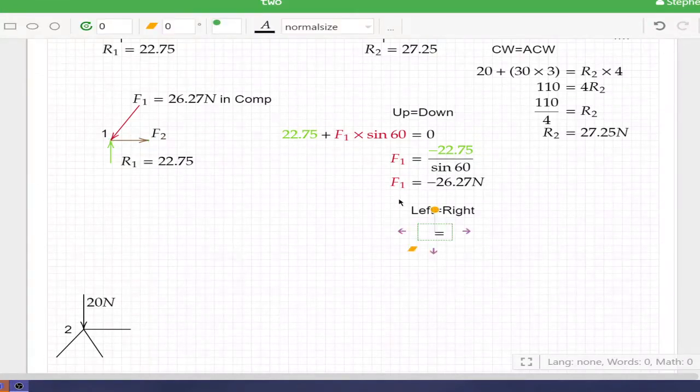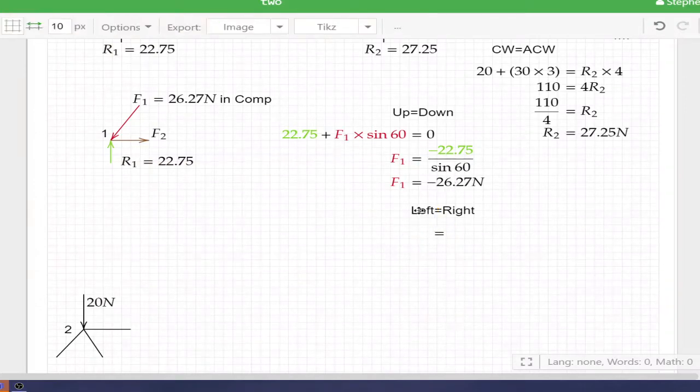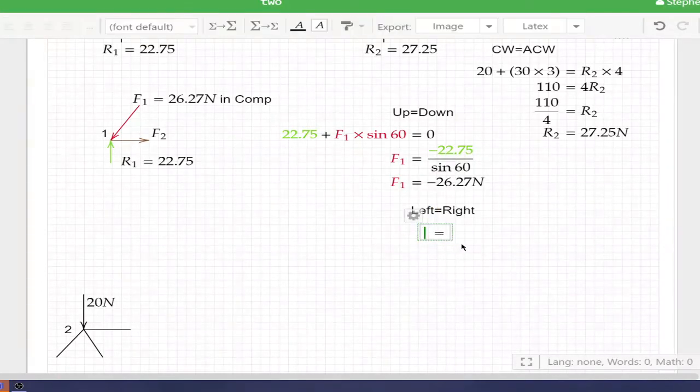Now we know that F1 is 26.27. Because we're putting our equations on either side of the line, we can drop the minus signs. If we were saying left plus right equals 0, then we'd have to include our minus signs. So let's do this then. 26.27.